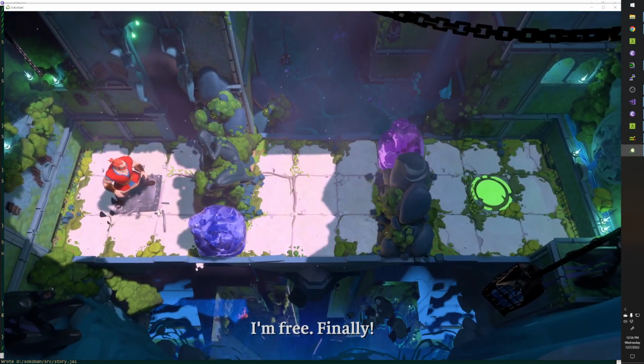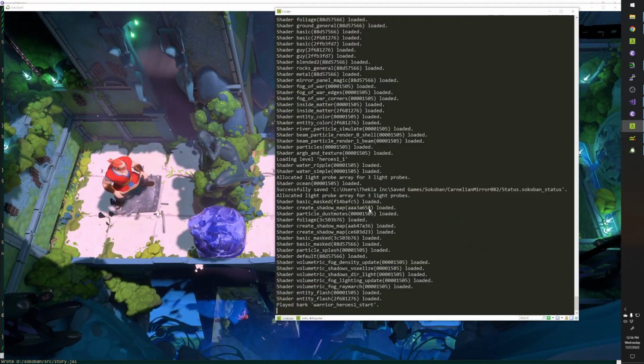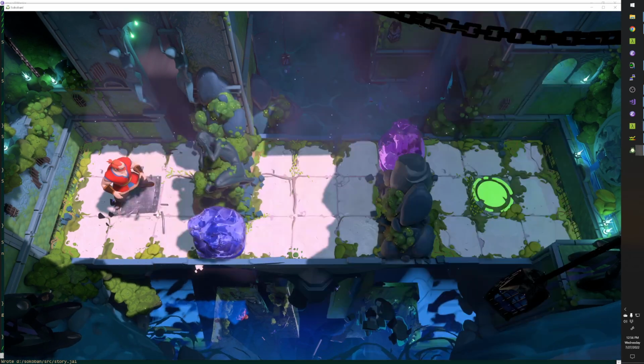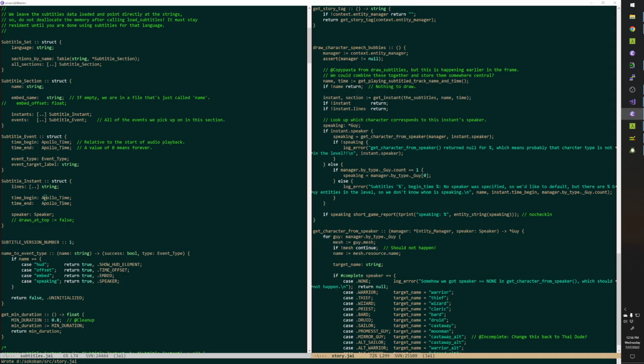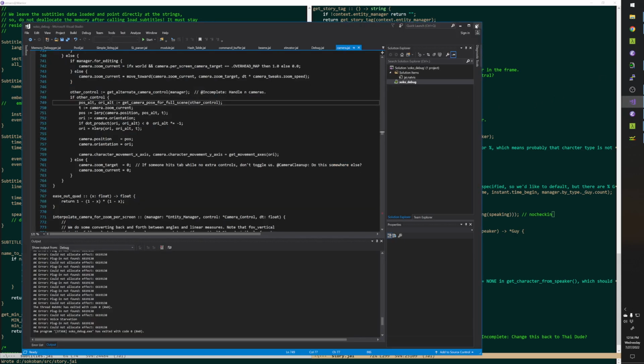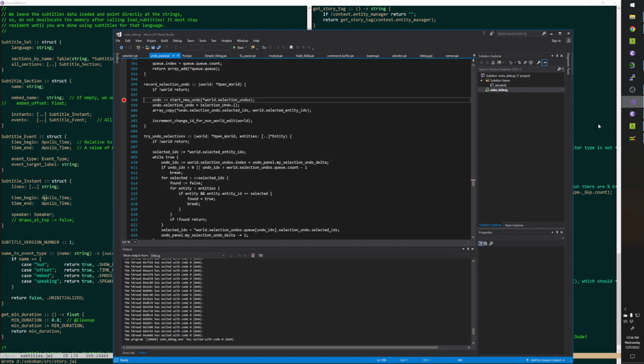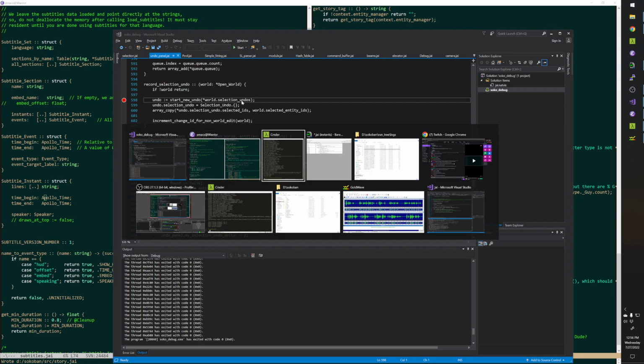Okay, we didn't say, are we even calling this? Hold on. Draw character speech bubbles. We should be calling that. Maybe we run the debugger and say, why do we have so many debuggers, first of all?